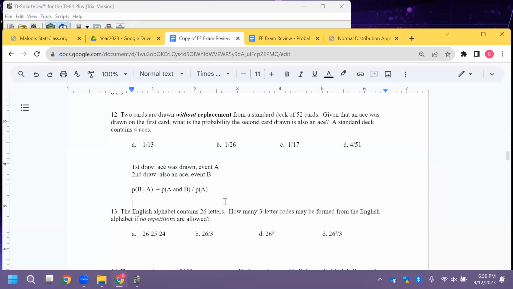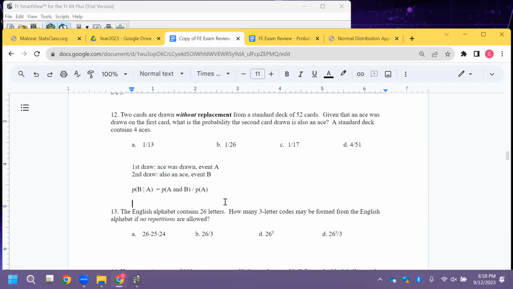Now, what is the probability of A? It is the probability that an ace was drawn on the first event.